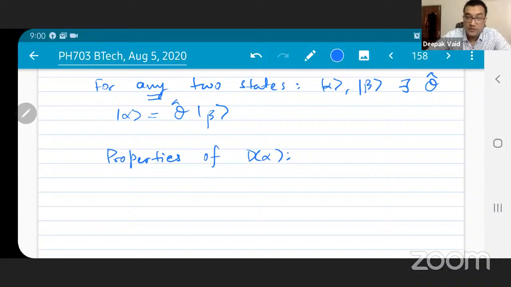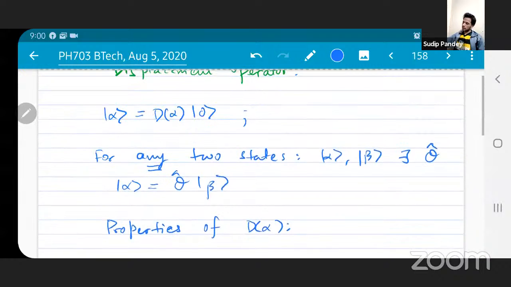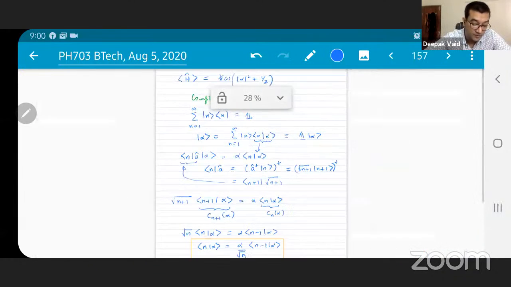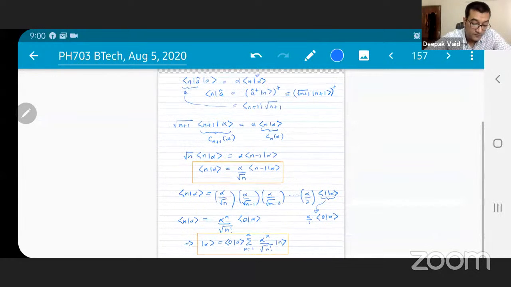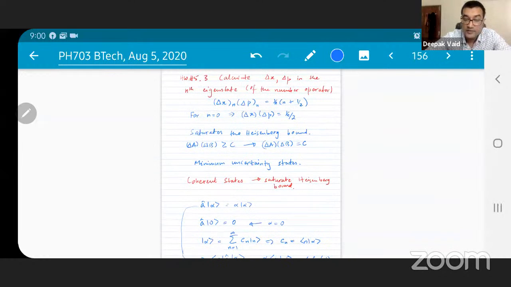Okay. So any questions? It's all been fairly straightforward, I think, right? All of this actually shows the beauty and elegance of this Dirac notation, right?